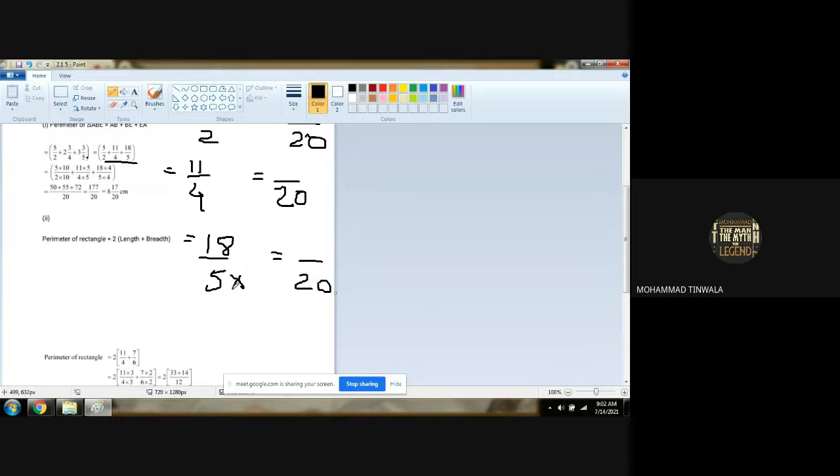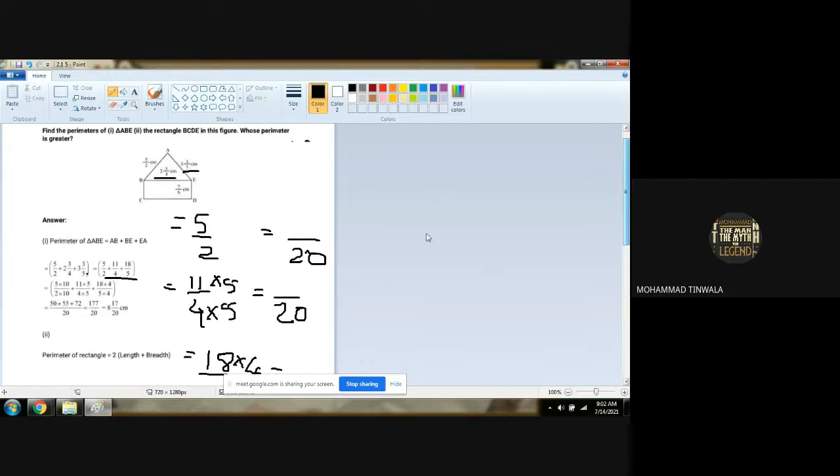So this will be multiplied by 4, so the numerator also will be multiplied by 4. This will be multiplied by 5, 4 5s are 20, so the numerator also will be multiplied by 5. Am I correct or wrong? This has to be multiplied by 10, so the numerator also has to be multiplied by 10.